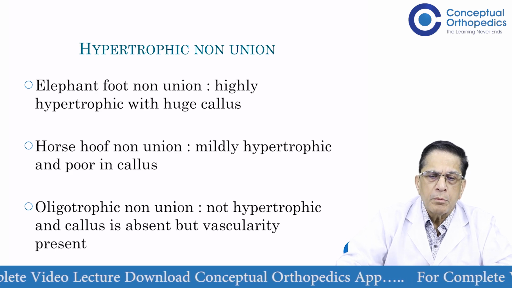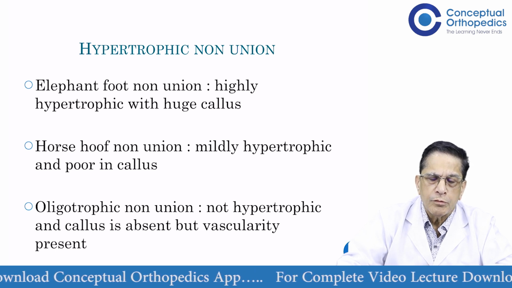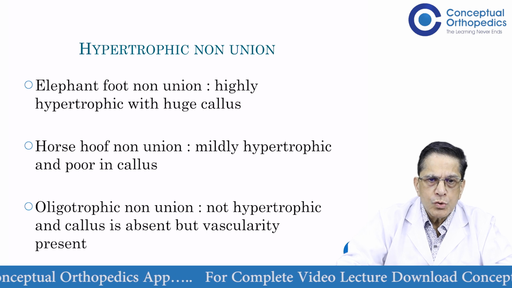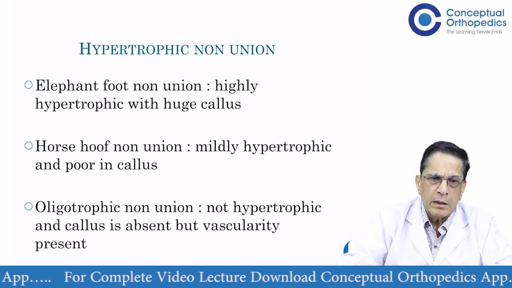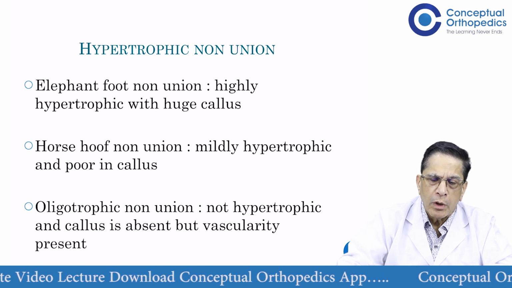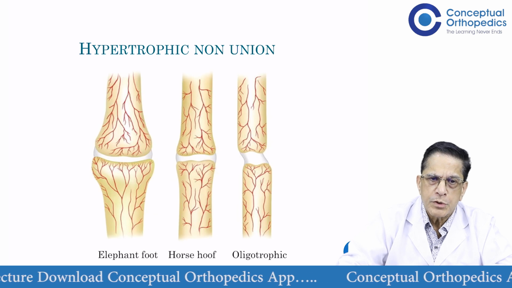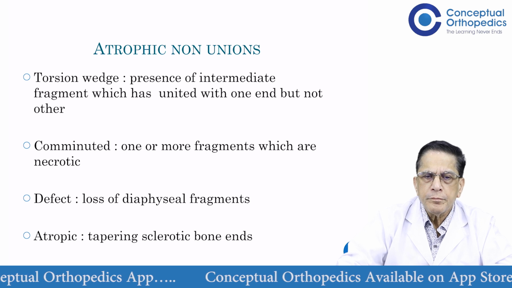Hypertrophic non-union can be divided into elephant foot non-union with a lot of callus formation, horse hoof non-union with mild hypertrophy and poor callus, and oligotrophic non-union where the bone ends are vascular but there is no attempt at callus formation. This is a diagram showing these three types.